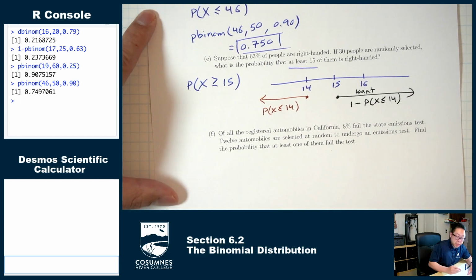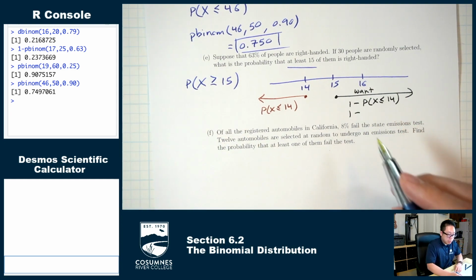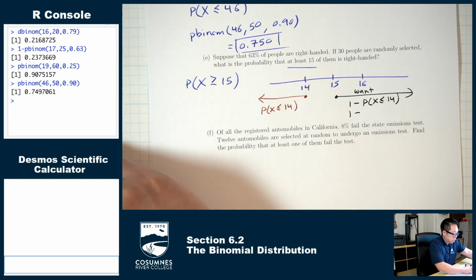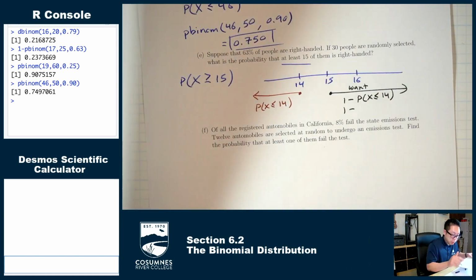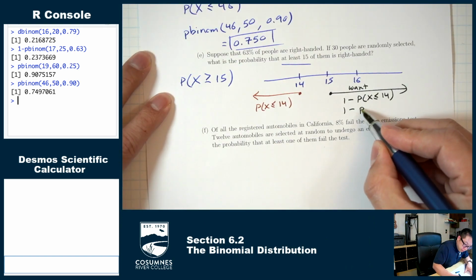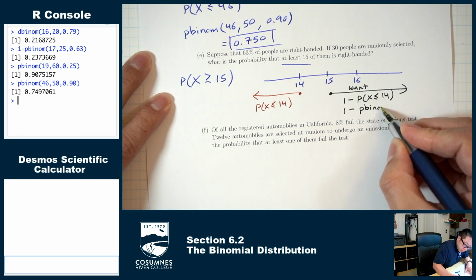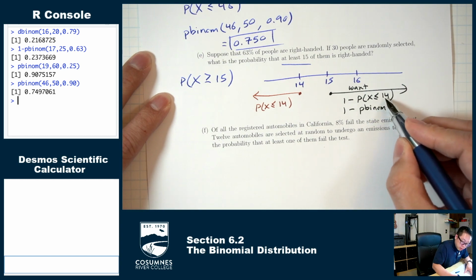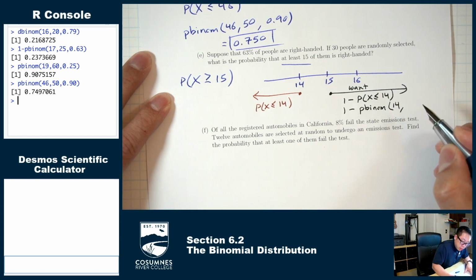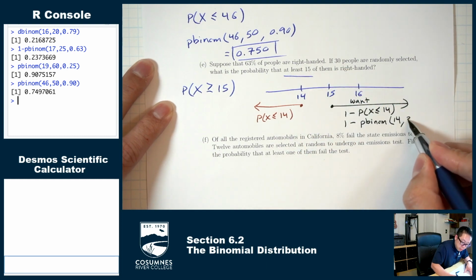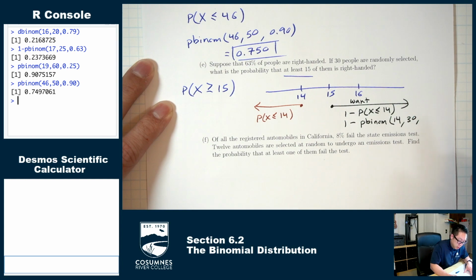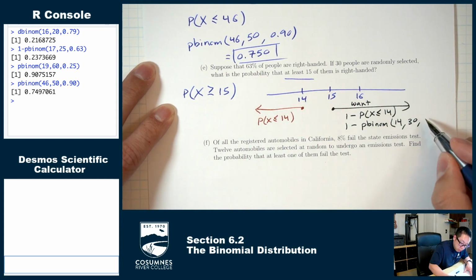And what I'm going to type in is 1 minus less than or equal is a P binom. So we're going to do P binom. Number of successes is this number, that's 14. Number of trials, total people here is 30. Probability of success here is 63%, as a decimal 0.63.